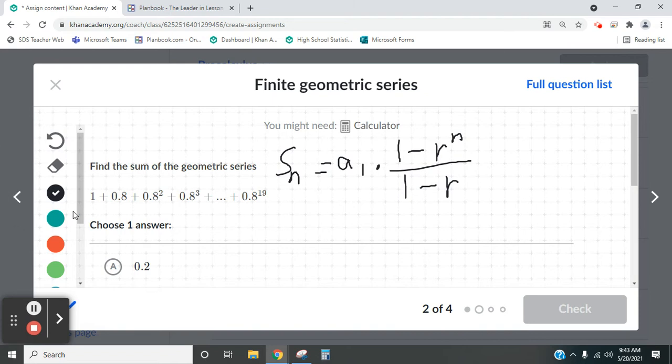So tell me right now, what's the first term in the sequence? Let's fill in all of these right now. The first term is 1. That is correct. Tell me the common ratio, the R. What are they multiplying by?